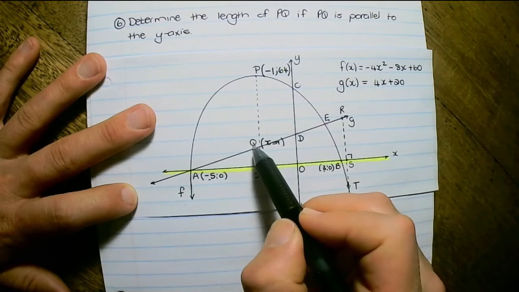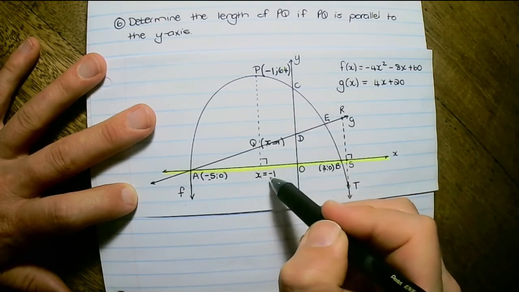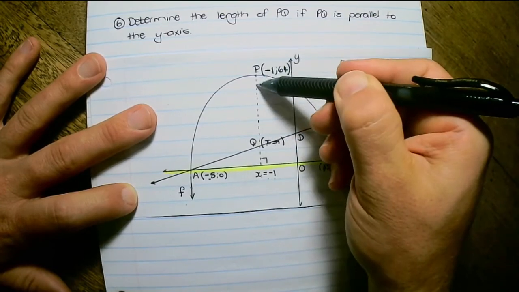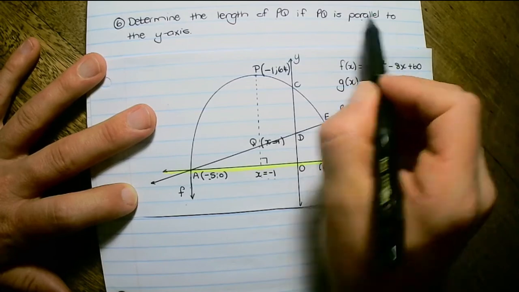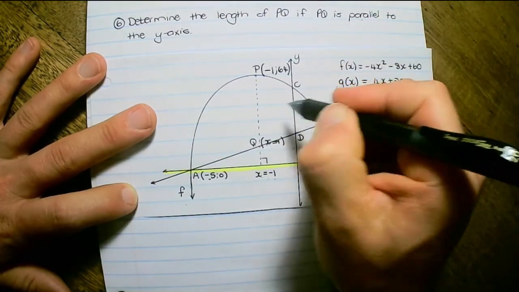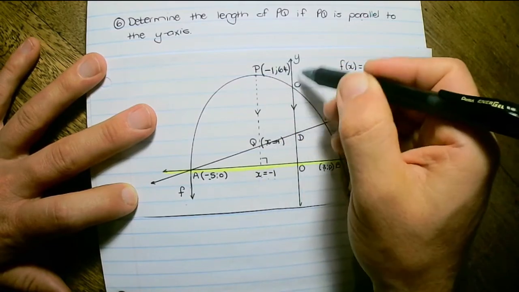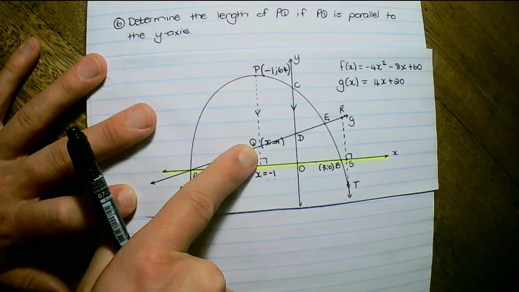So the x coordinate of Q is also equal to negative 1 because it's on this line. And that's what it means by saying it's parallel to the y-axis. All that they are saying is that this line is running straight down, so PQ is vertical.